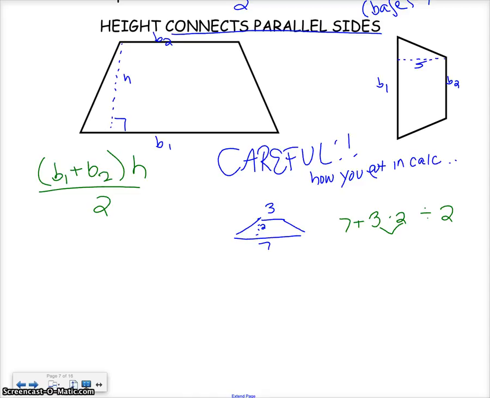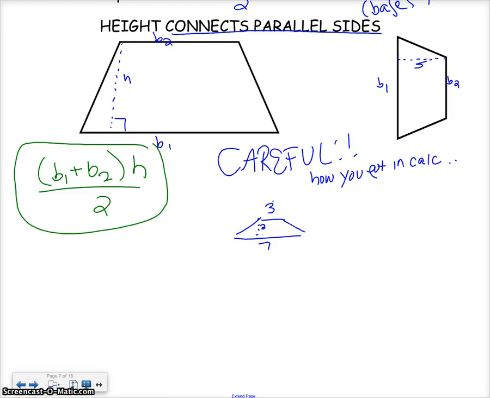According to our formula, do I want to multiply B2 times H first? No. According to my formula, I am supposed to add them first. So what I typically do, I just add it fast, punching it into my calculator because you're going to be doing a lot of punching into your calculator today.